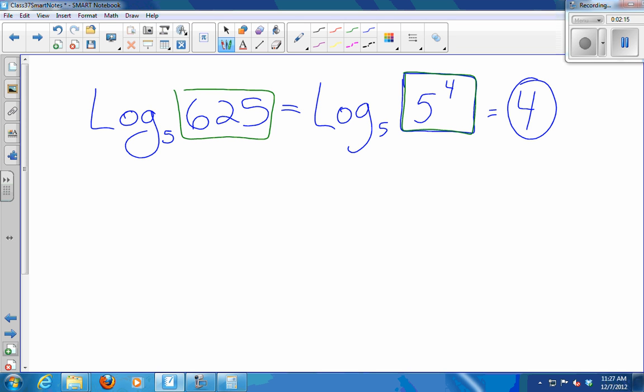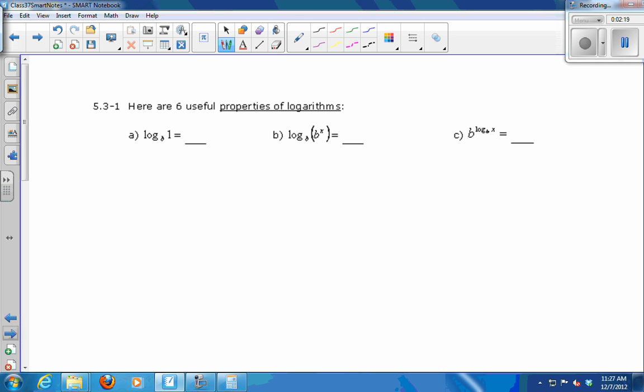Okay, now we're going to talk about some basic properties of logarithms. For A here, we're going to look at log of 1, for any generic base. It's 0. Can you explain why? B to the 0 is 1.